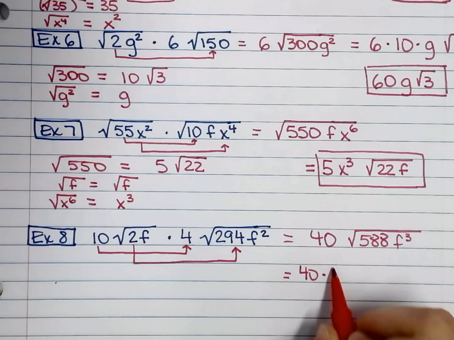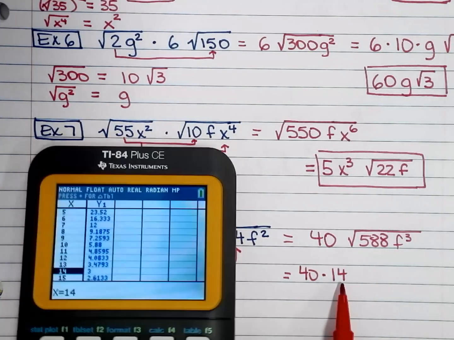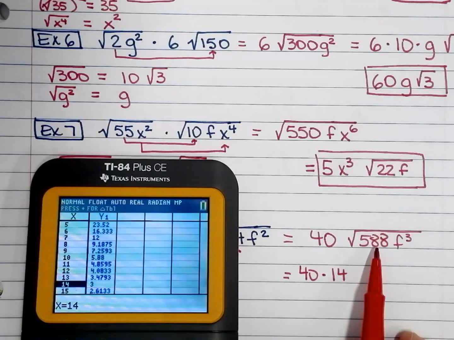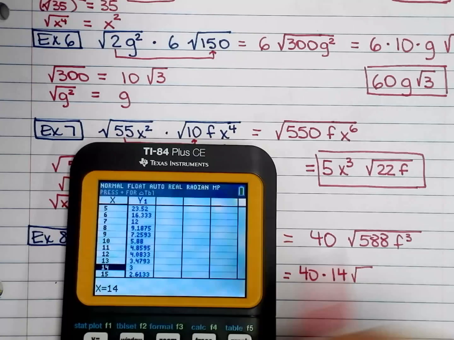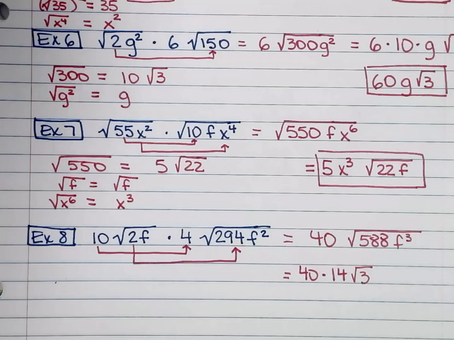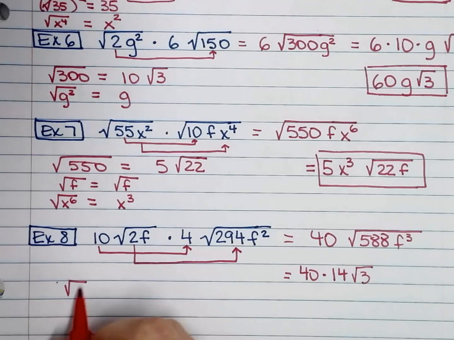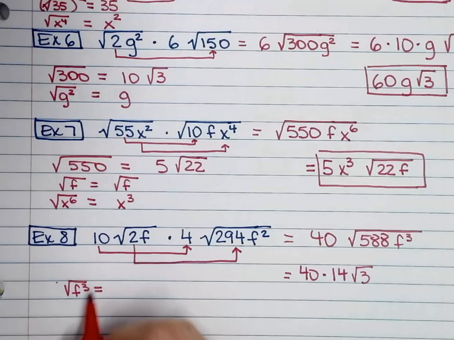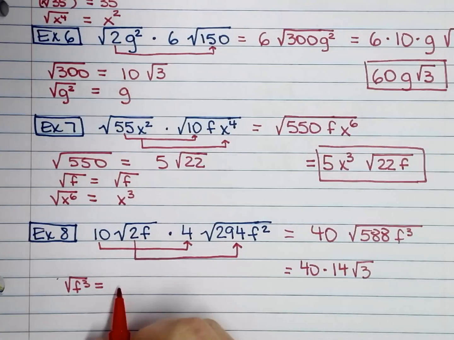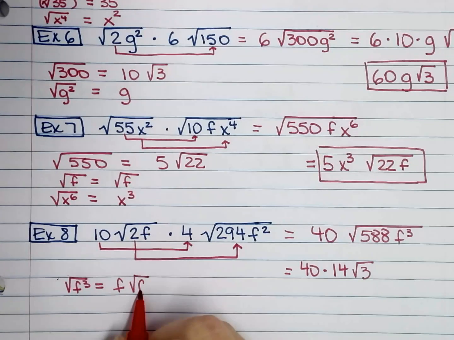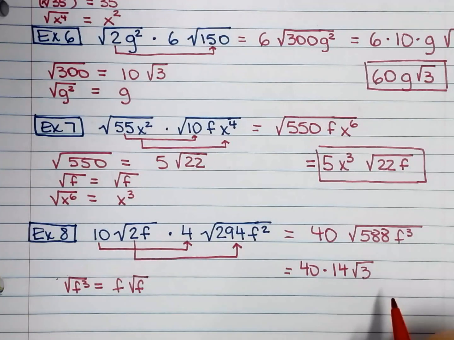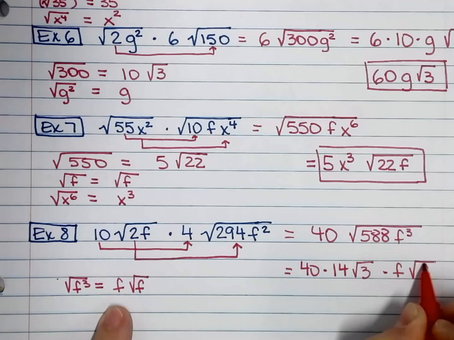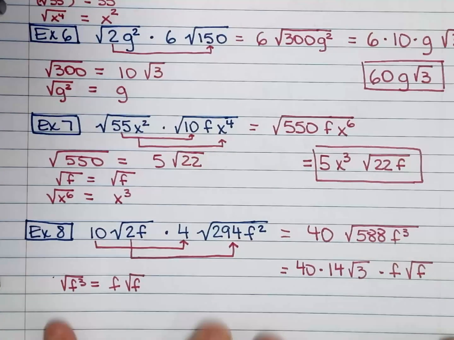So I already have this 40 over here, and now I will have 14 that comes from me simplifying square root of 588 as 14 square root of 3, and then square root of f cubed can be simplified as f square root of f. And we talked about this in the previous video. So we're just putting things together. Times f square root of f.